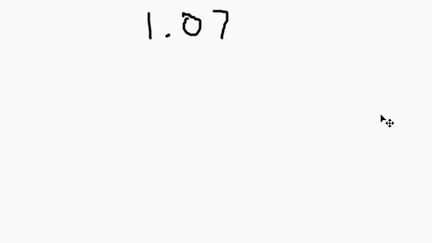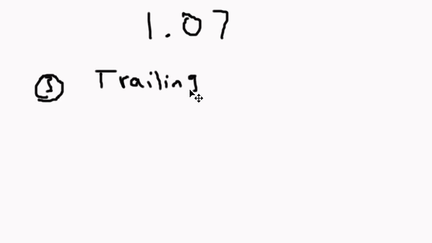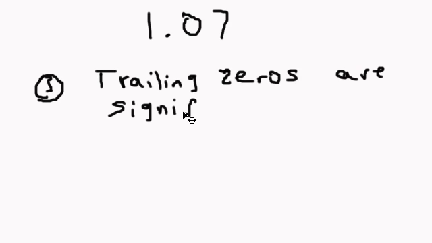Let's go to rule number 3. Rule number 3 says that trailing zeros are significant. What are trailing zeros? Let's say I have 1.07 and I were to add another 0 here in the back.